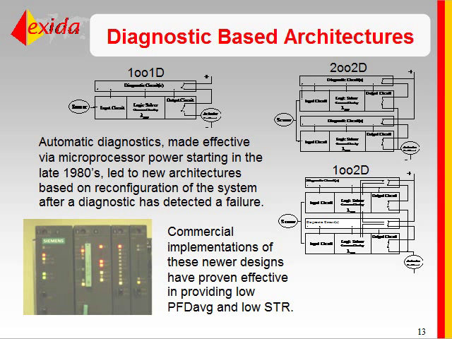That led to new architectures being designed, with names like 1 out of 1D, 2 out of 2D, or 1 out of 2D. These architectures were designed to take full advantage of the automatic diagnostics, to reconfigure the system to achieve higher levels of availability and safety.